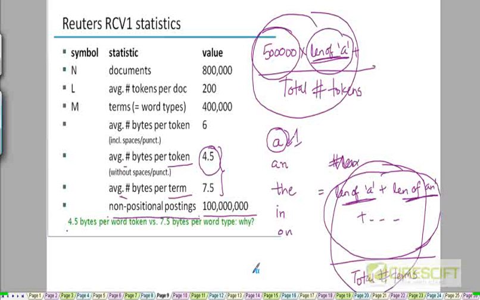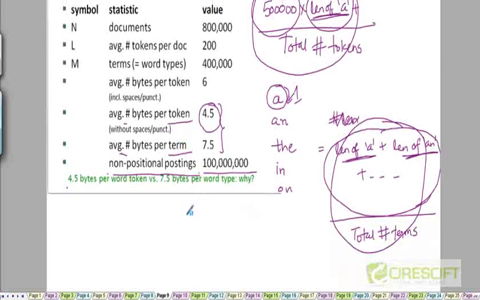Because each normalized token becomes an entry in your index. Well, actually, not normalized token, because if you recall from chapter 1, we also removed duplicates there. So the number of non-positional postings is simply the sum of the lengths of the postings lists in the index, and that's about 100 million.